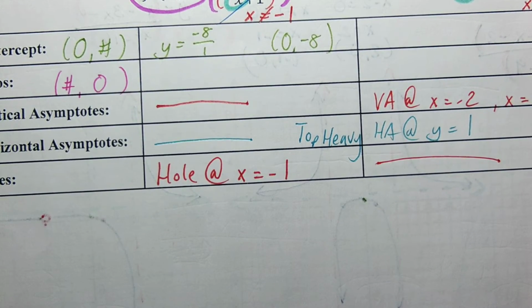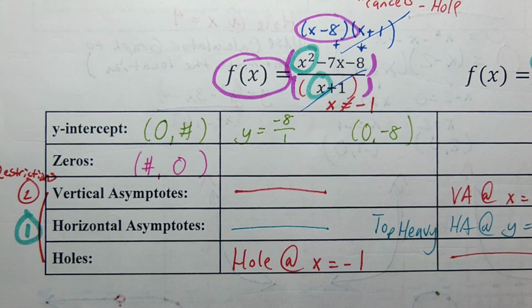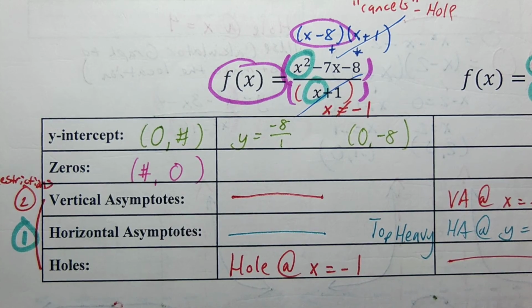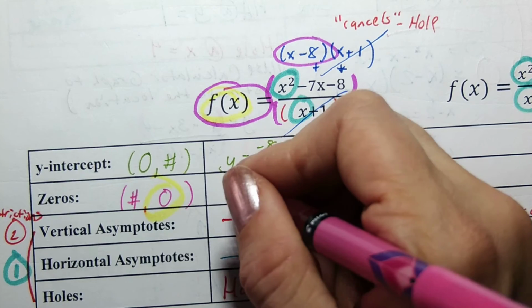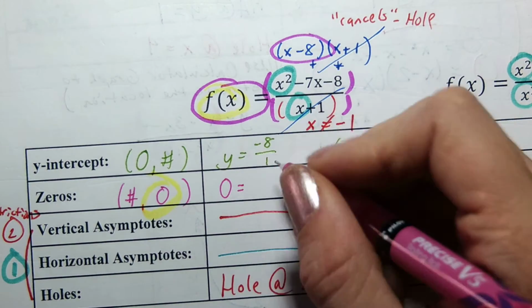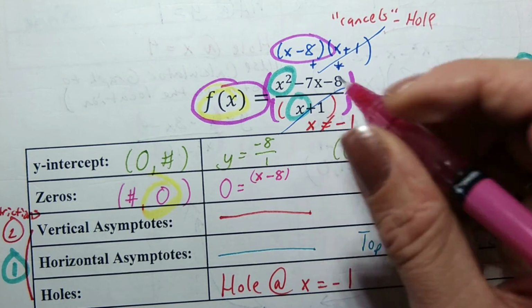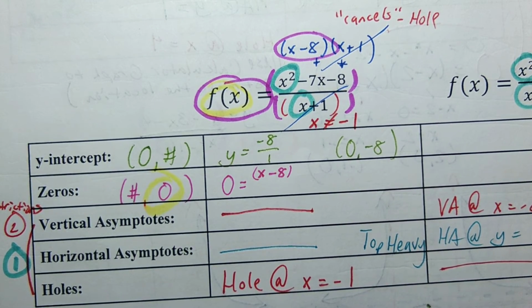Now for the x-intercepts, or the zeros. What I'm going to do is use the canceled equation and plug 0 in for the y value. So plugging in 0 for f of x, which is y, we will get 0 equals x minus 8 over 1, or just x minus 8.